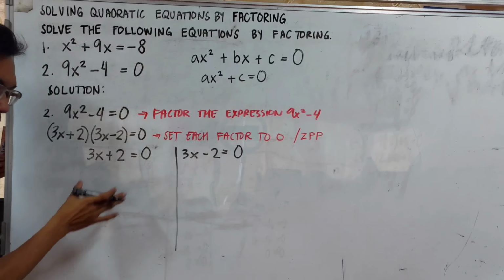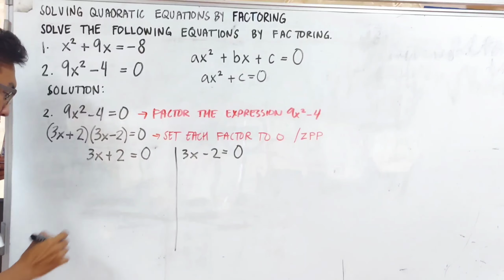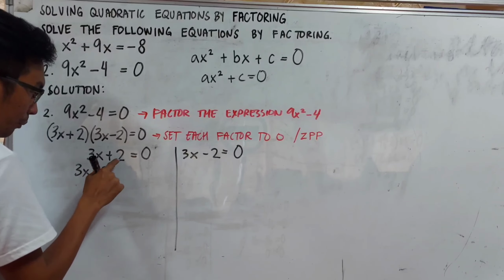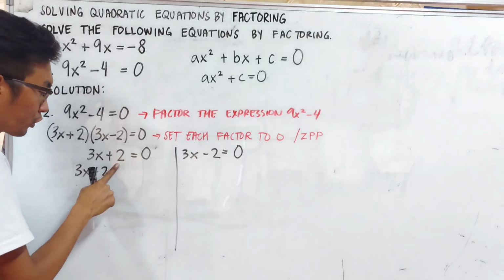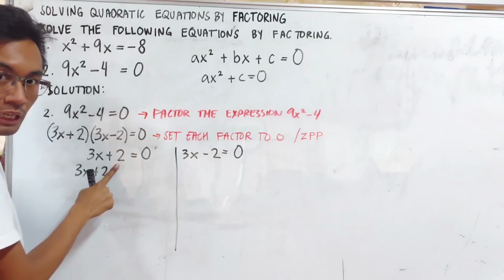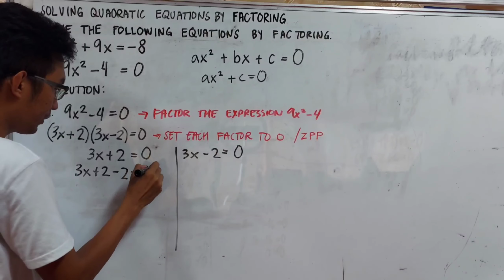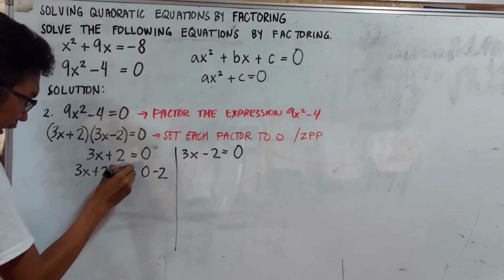Then in order to get the value of x, we need to eliminate plus 2 to the left side of the equation. We have now 3x plus 2. So para ma-eliminate to, subtraction property of equality, subtract both sides by 2. Minus 2 equals 0 minus 2. Then, cancel na to.